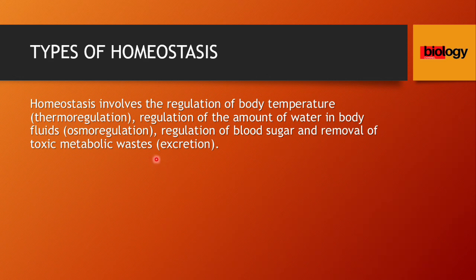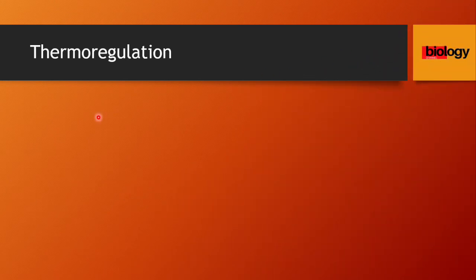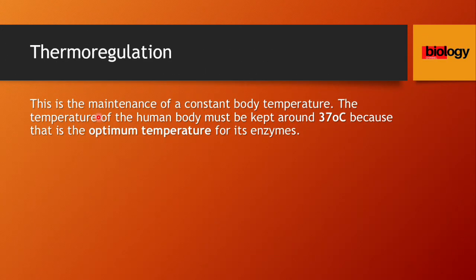So let's start by looking at thermoregulation, which is the maintenance of body temperature. Thermoregulation is the maintenance of a constant body temperature. The temperature of the human body must be kept around 37 degrees Celsius, because this is the optimum temperature for its enzymes.